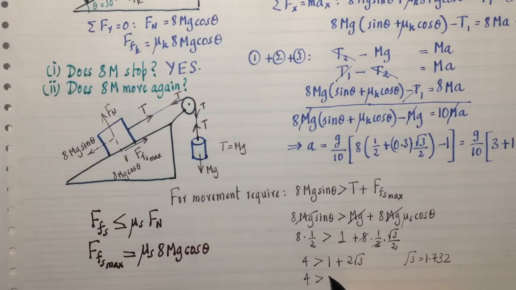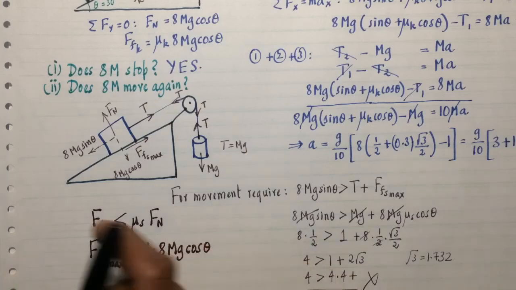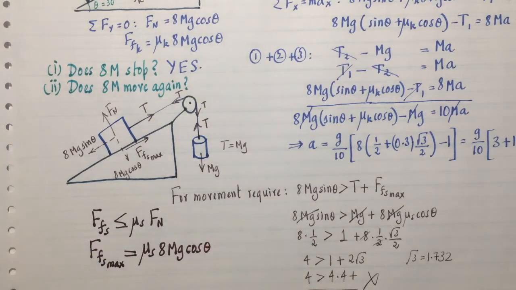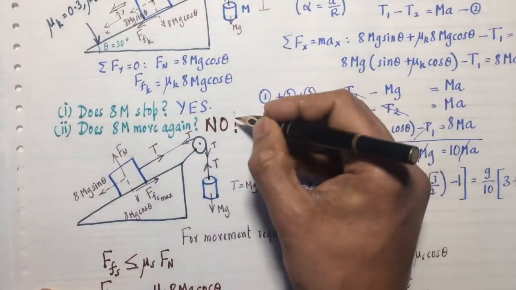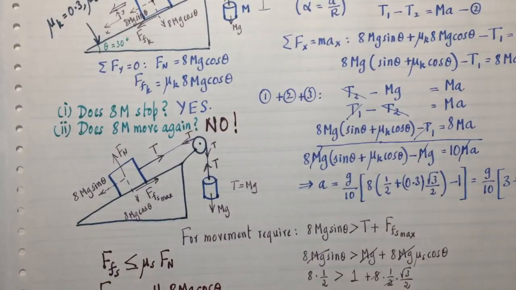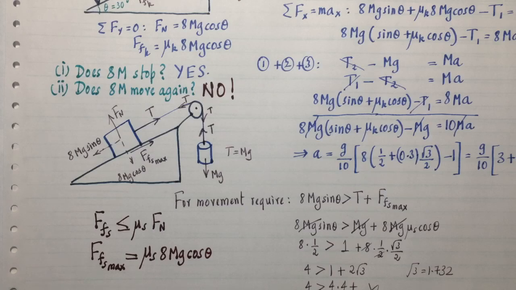So that's going to be something like 4.4 plus. No. So this is not going to move again. The answer to the second question is no. It is stuck there. So even though it was 8m, it is unable to drag the whole system down after it stops momentarily. That's a pretty surprising result.